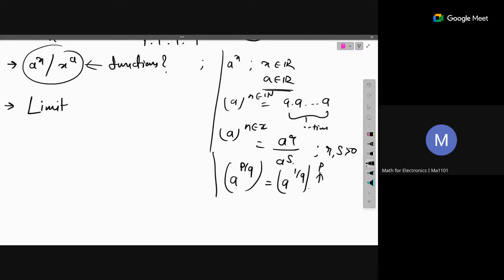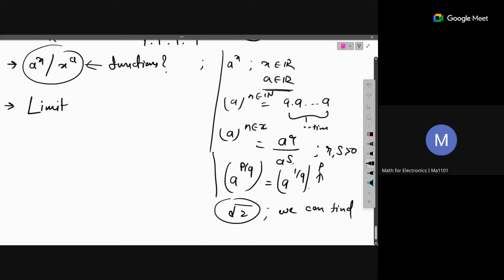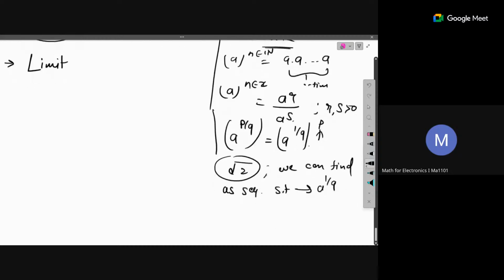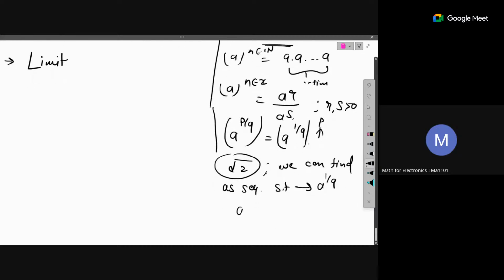Now what happens if I have a real number to the power rational? As we see that we have a sequence which converges to root 2, similarly we can find a sequence in such a way which converges to a to the power 1 by q also. So such a number we can define by a limit of a sequence.